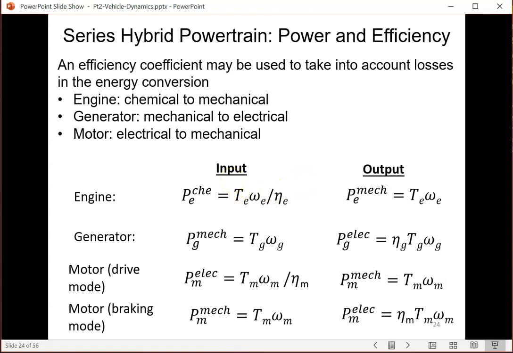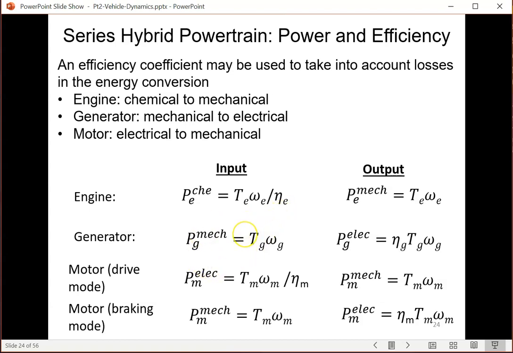Typically the efficiency of an engine is quite low, in the region of 20%, 30%. Or the mechanical power of the engine equals the chemical power times that, so the output would be much lower. The output power of the engine would be much lower.